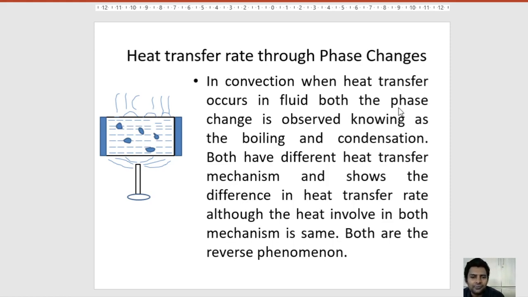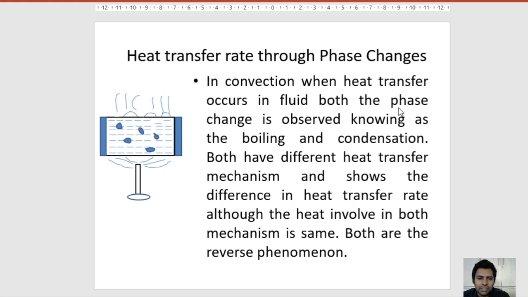Now look at the figure here. One pot is here. Again we are heating the pot from the bottom, and due to the heating, what happens actually is the bubbles are formed, then the liquid gets converted into the gaseous phase.